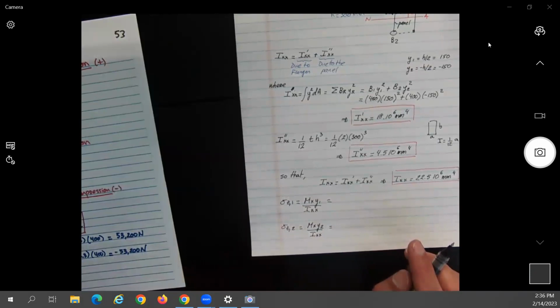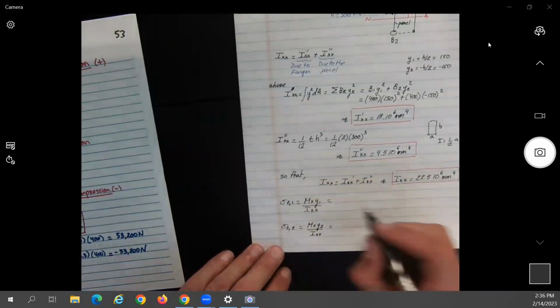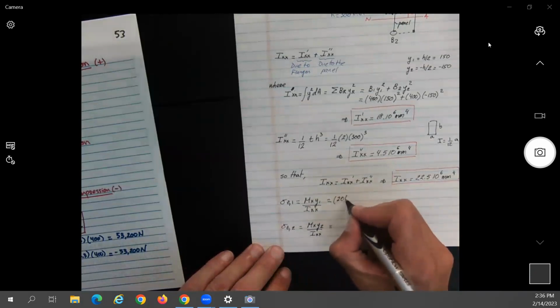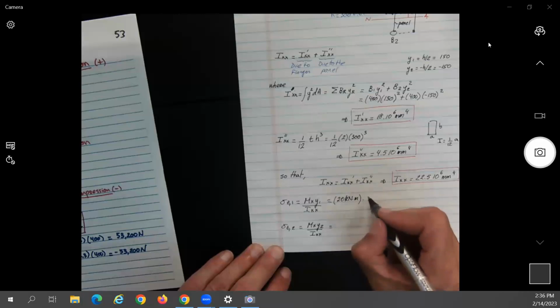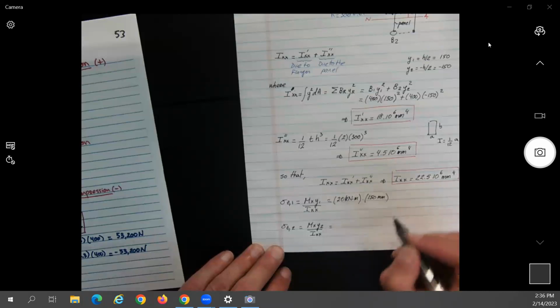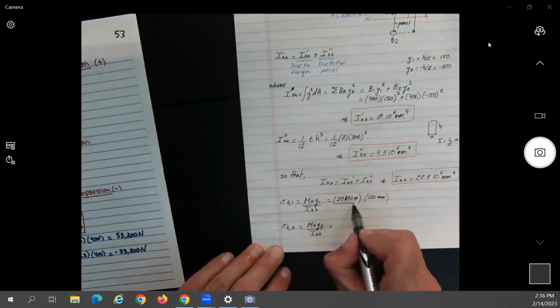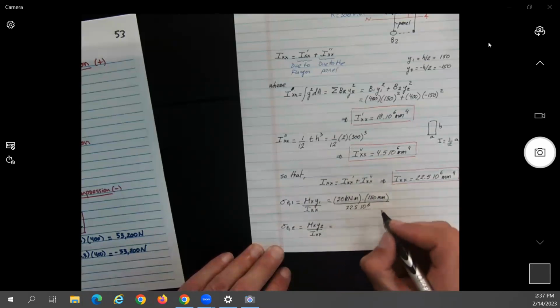Okay, so here, be careful a bit with the units, because what do we have? Maybe we need to do this in 2 steps. This is 20 kilonewton meters. Y, we said, was equal to what? 150 millimeters, divided by 22.5 times 10 to the 6 millimeters to the 4th.